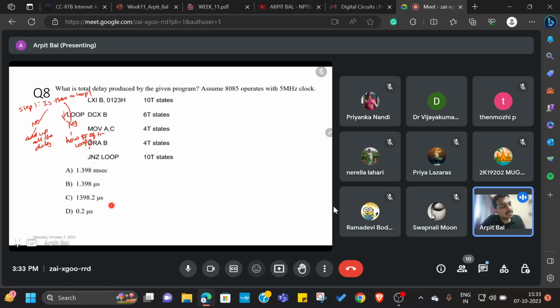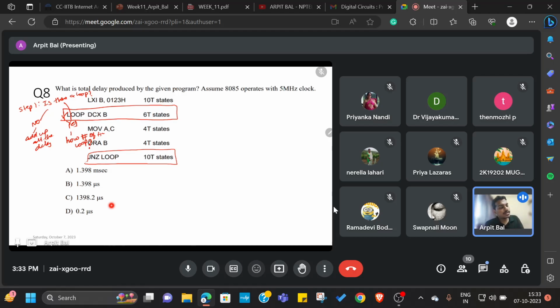The condition is DCX B, so B is going to be decremented, and then JNZ loop, jump not zero. So this loop will be executed until B goes to 0. And B is basically decrementing in this loop.